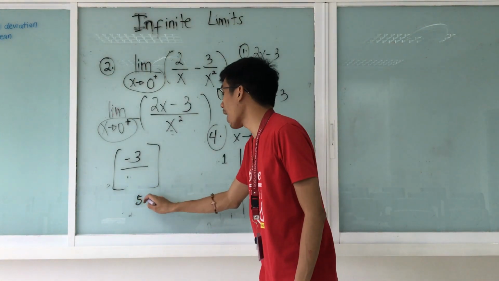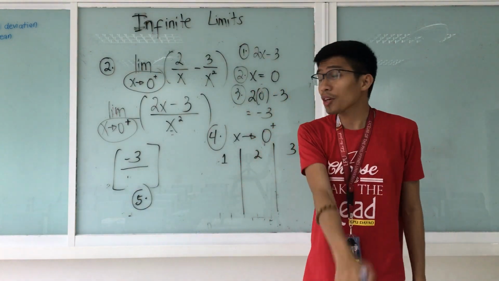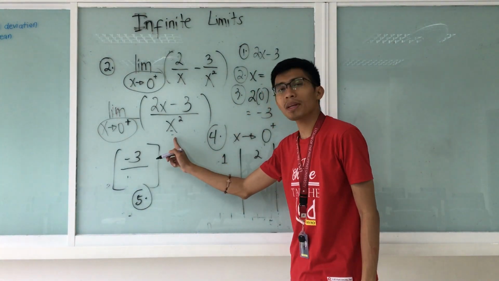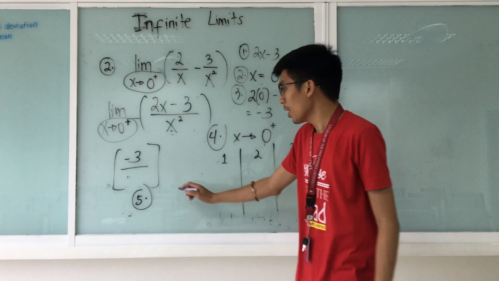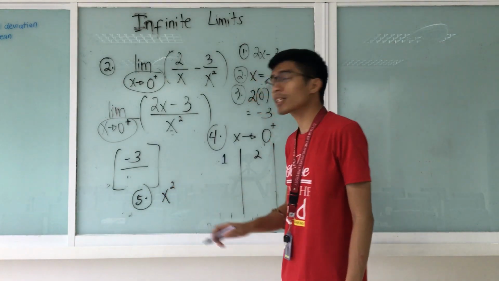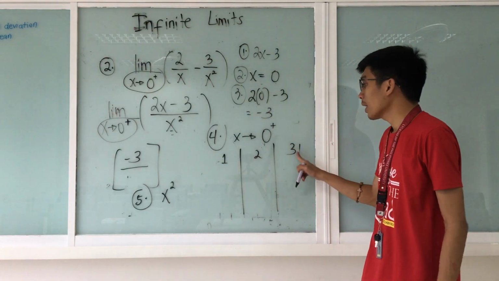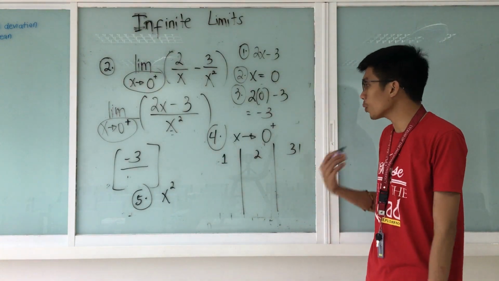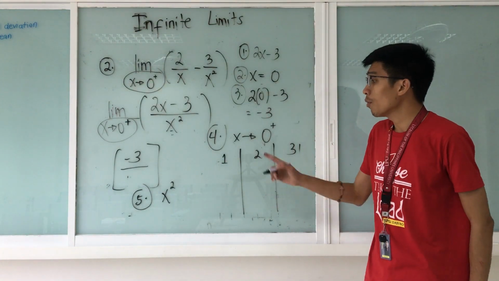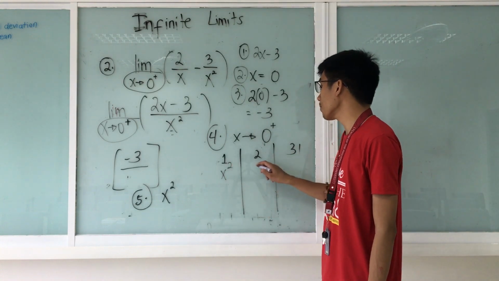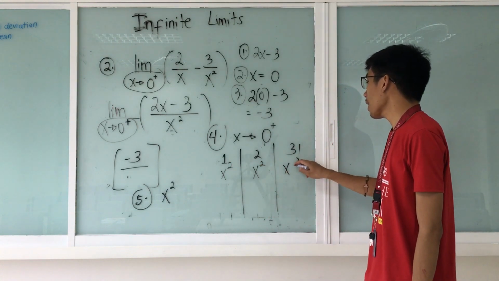For step number 5, what are you going to do again? You have to get your denominator. Your denominator is x squared. After that, you substitute this in each term that you chose for step number 4. So it will become x squared and x squared.